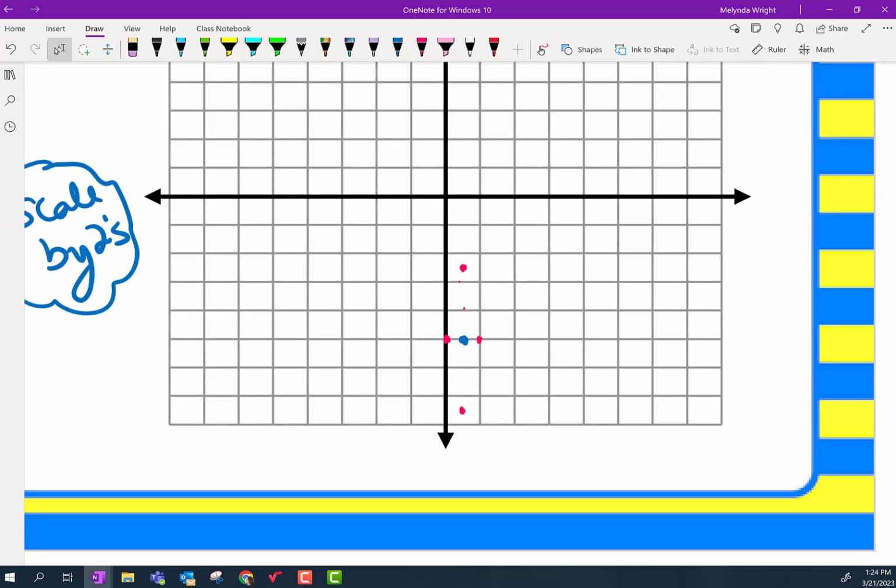Now, if you recall, when we're graphing hyperbolas, the easiest way to do it is to graph that little dotted line box that connects the, I'm going to call them vertices and co-vertices. They're not really co-vertices, but that's okay.